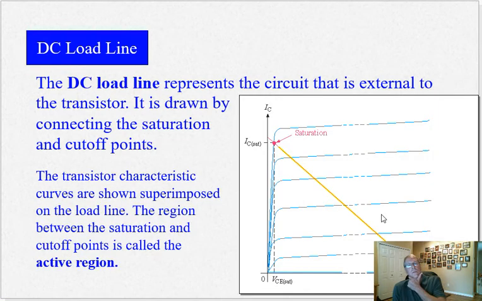We can draw a load line or a line. It's called a DC load line between cutoff down here. That's where IB, the base current, is 0. All right, and then up here where the collector emitter voltage is at a minimum, at a high current on the base. So you can draw this line.